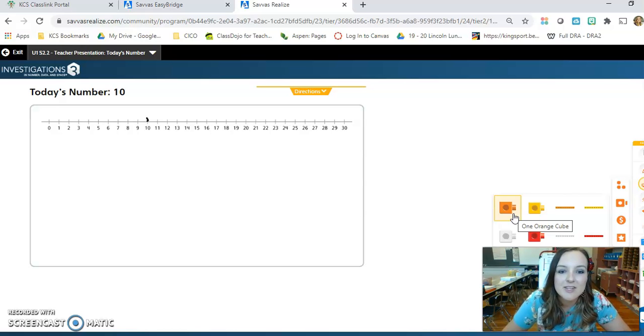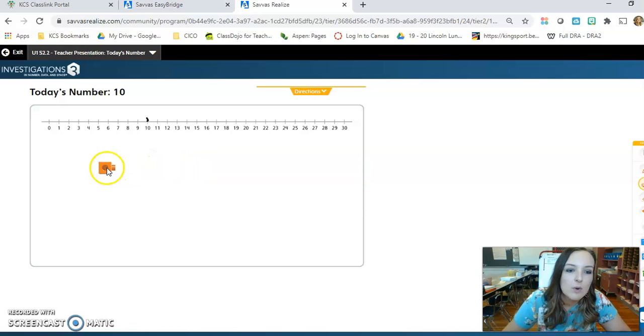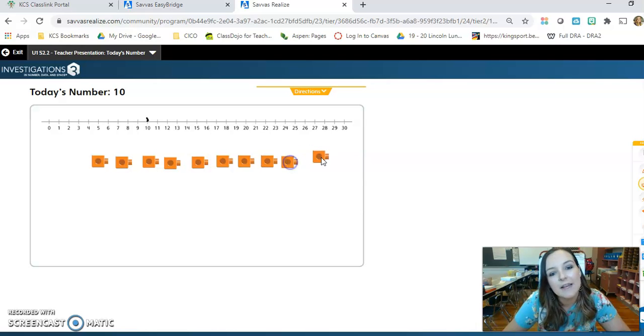So our goal for today is to figure out different ways that we can make the number 10. So I'm going to use the orange cubes today. So I can put 10 cubes. So there's 1, 2, 3, 4, 5, 6, 7, 8, 9, 10. So one way I can show the number 10 is with 10 cubes.